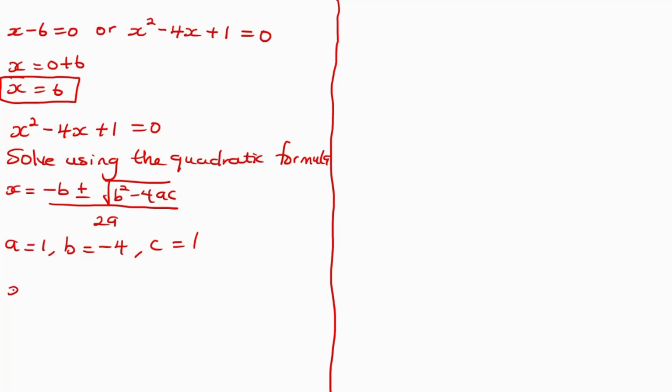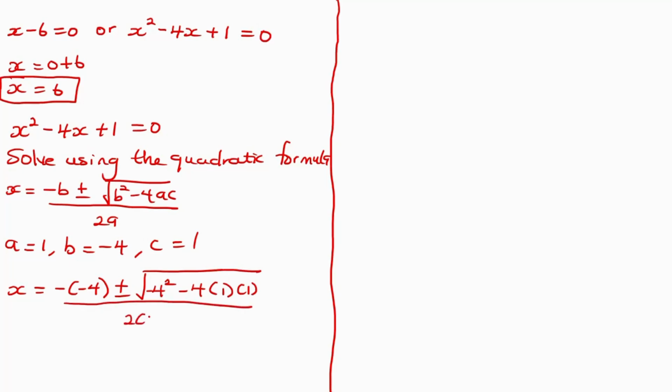So x is equal to minus times minus 4 plus or minus the root of minus 4 squared minus 4 times a, which is 1, times c, which is 1, all over 2a, which is 2.